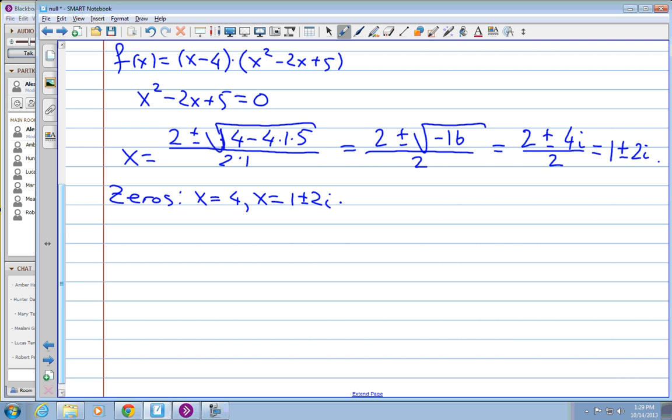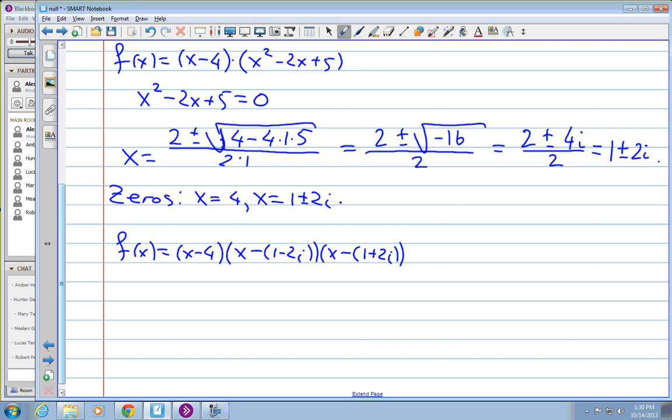Okay? Actually, this means that no matter what our polynomial is, we can always factor it into the product of linear factors. We can always go linear. Because right now, our polynomial is x minus 4, and then x minus whatever this zero was, x minus whatever the other zero was.